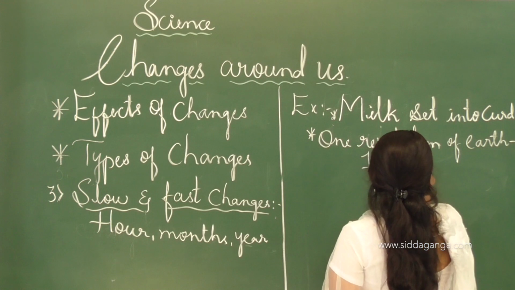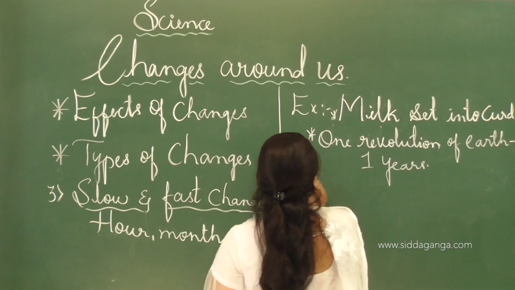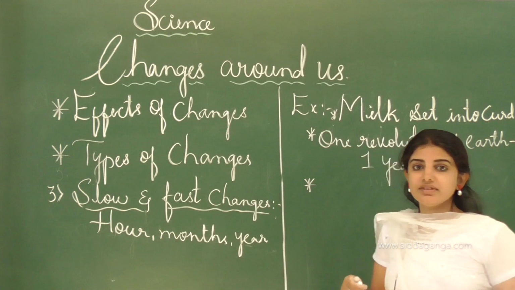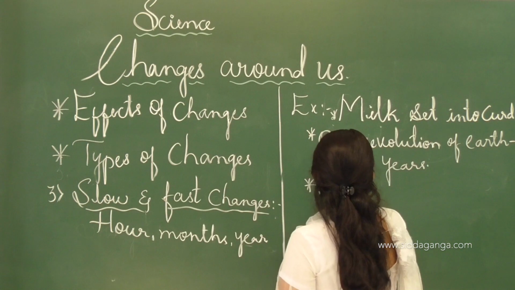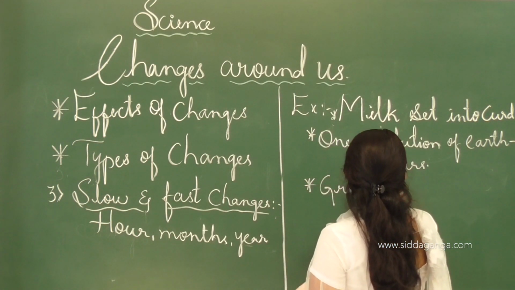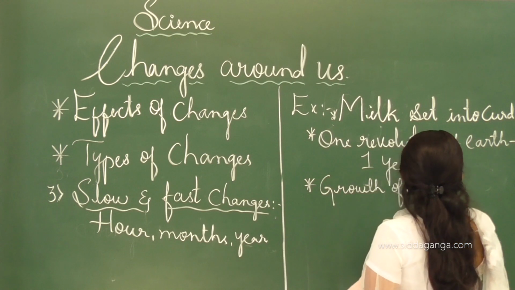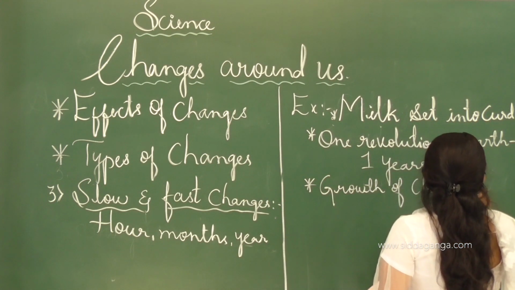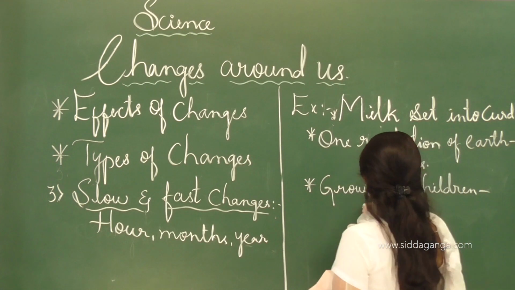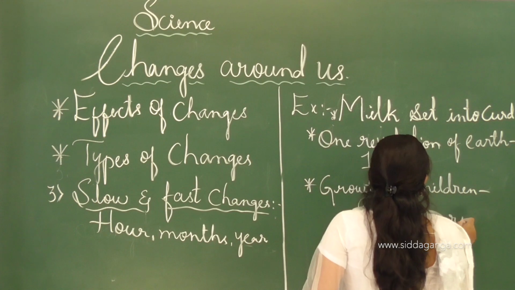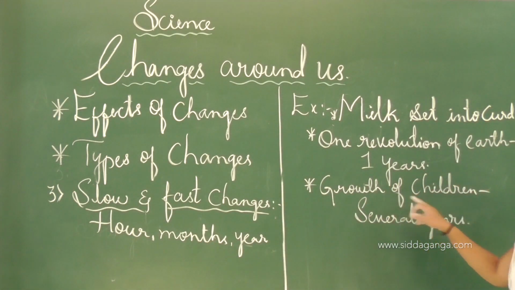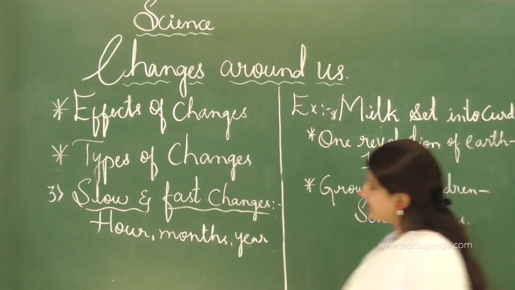And growth of a child, it takes several years to become an adult, and like that different examples will be there.